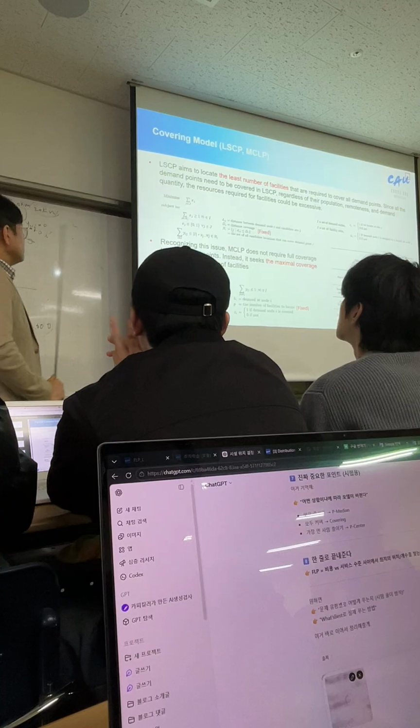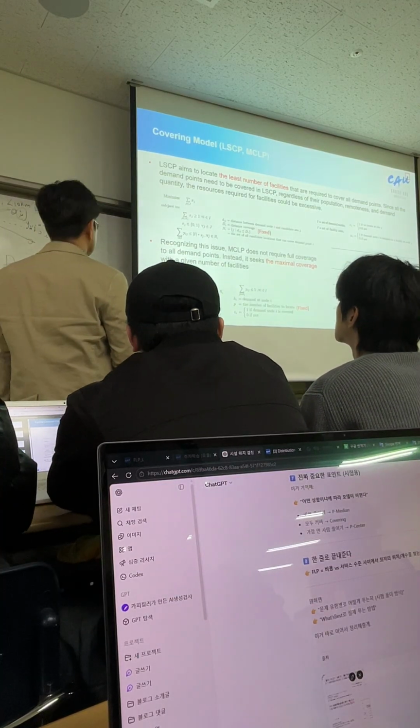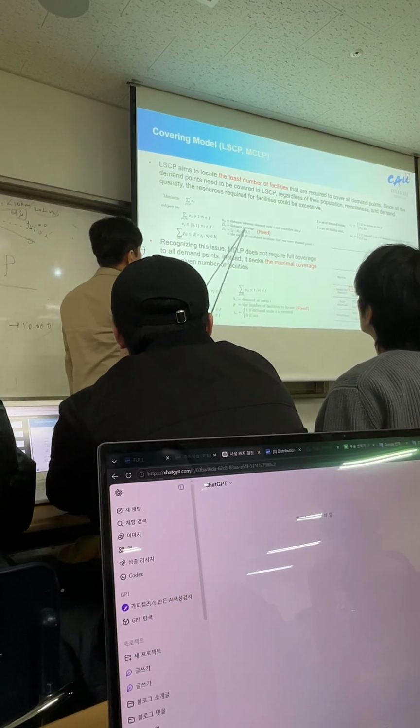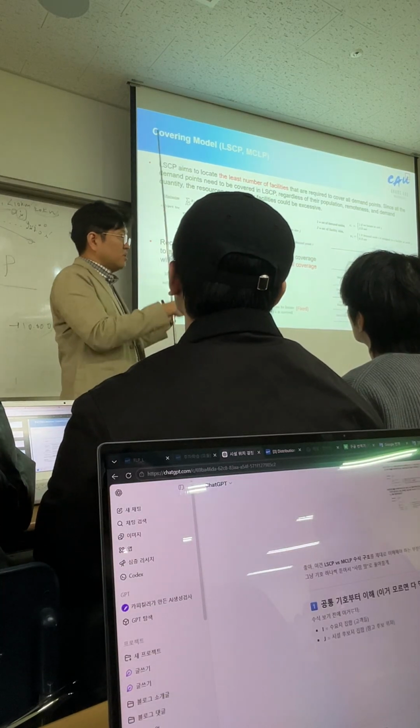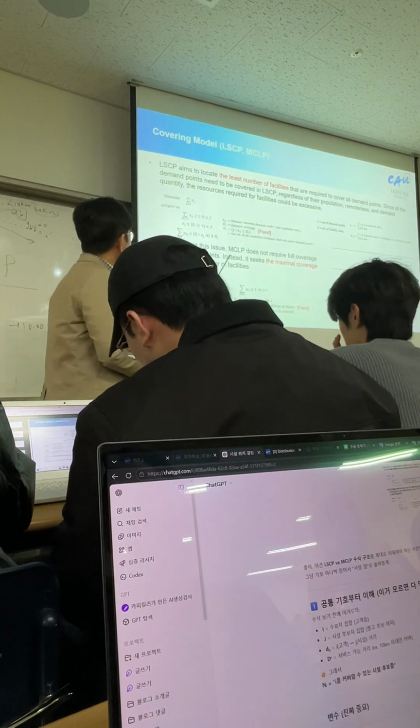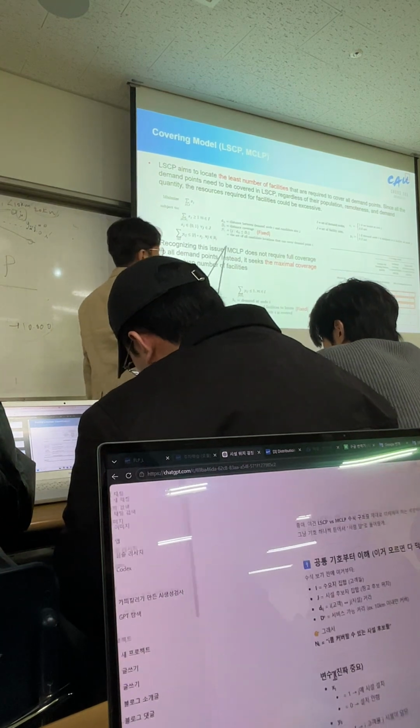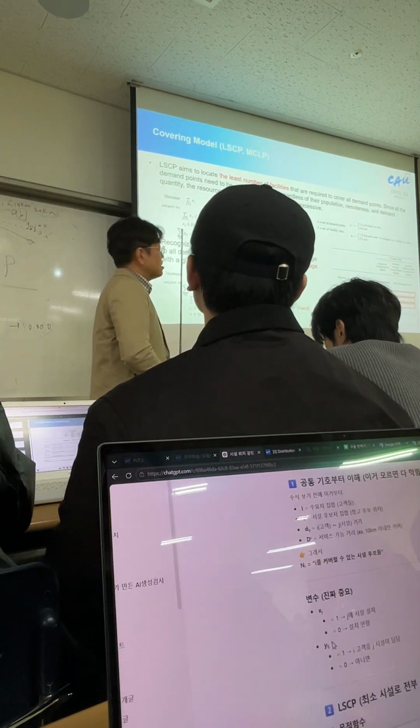So only the set of ij that satisfies the distance condition is a candidate of the network link. That is the definition of this one.